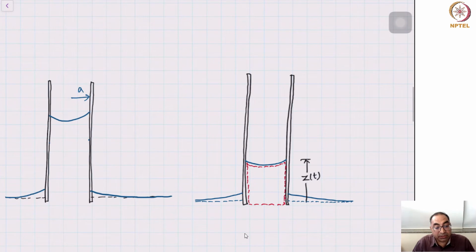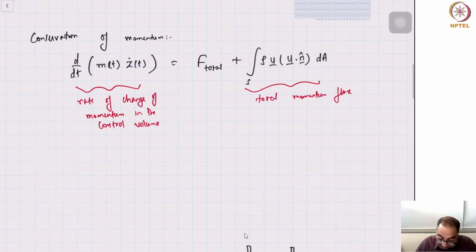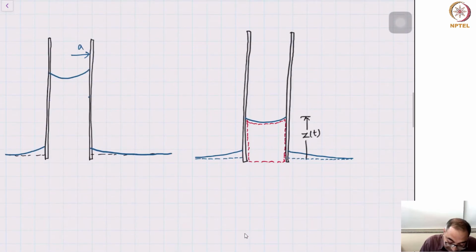Now I have to make a small comment about the velocity v and z. What's the connection between velocity v and z dot? Now let's say at any point we'll be making another important assumption, which is that the flow is fully developed.